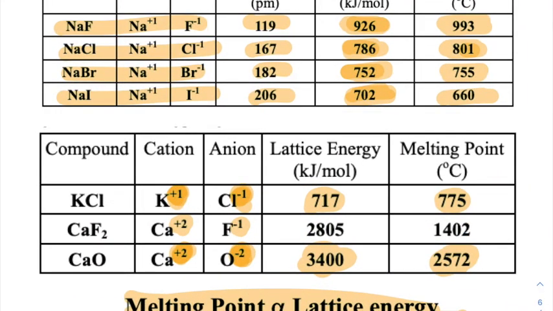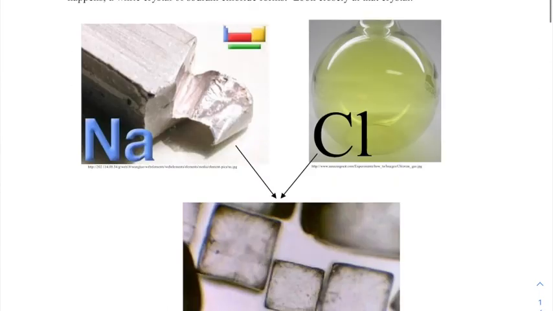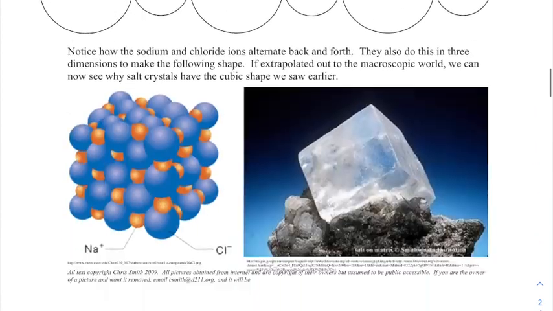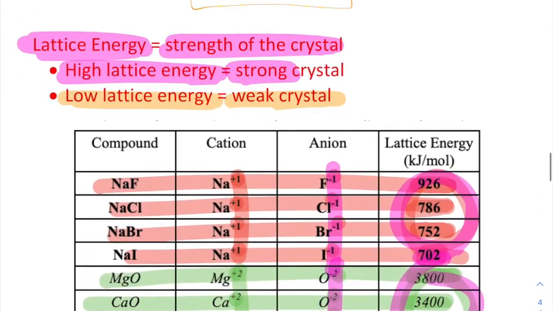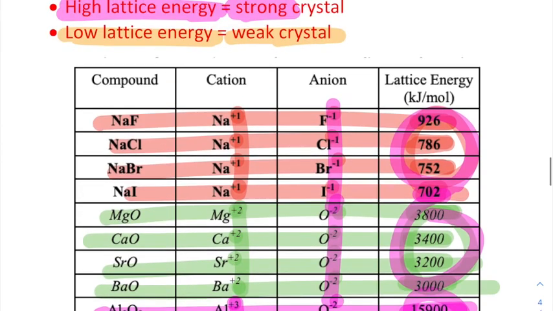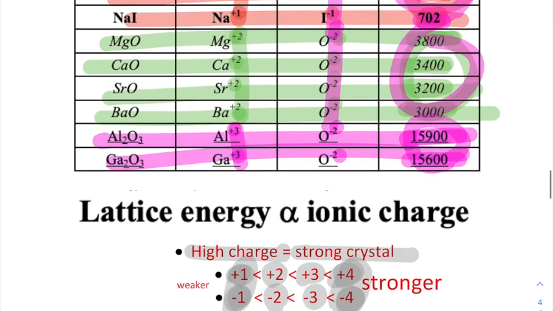So, in conclusion, all of these things go together to make crystal lattices. The crystal lattices make different sizes and different shapes. But the strength of those crystals, the lattice energy, is dependent upon the ionic charge: higher charge, stronger crystal.